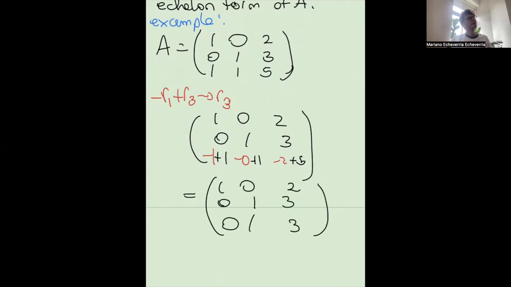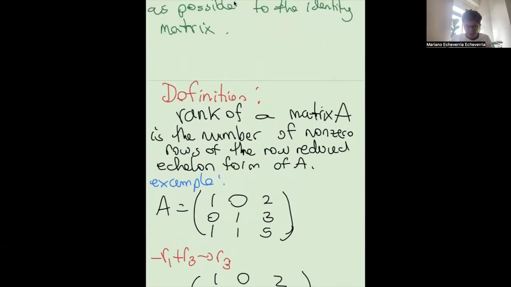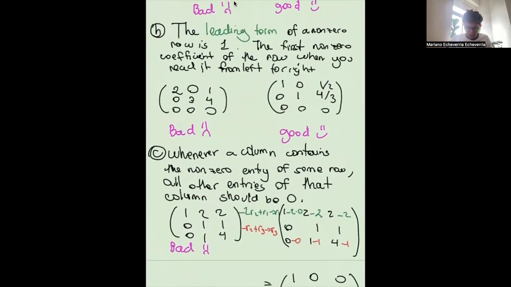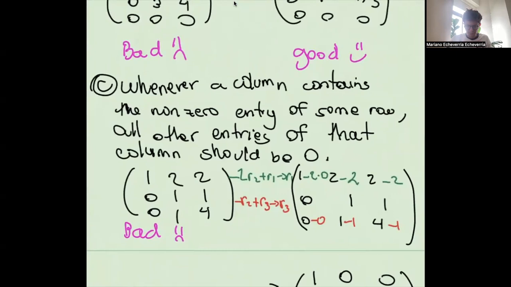Well, it's not always the last row. In the previous example, didn't I do an example where, let's see. Oh, for example here, if you look at this example that I did here, I did minus 2 row 2 plus row 1. So I did that in the first row. So I'm not always doing it on the last row.